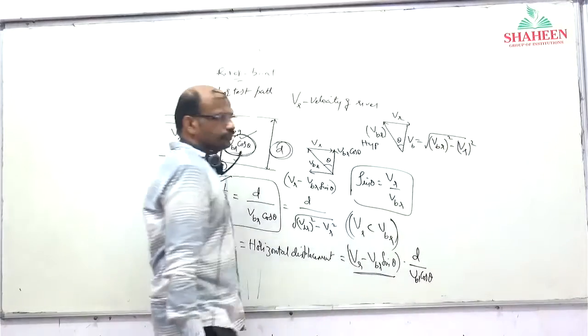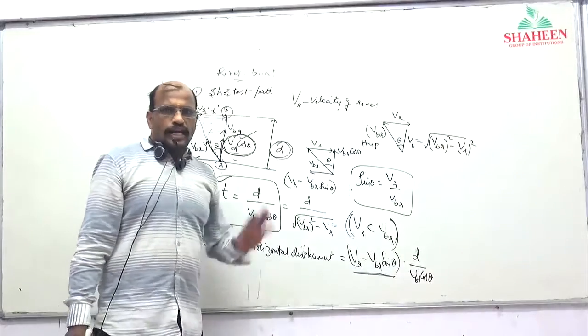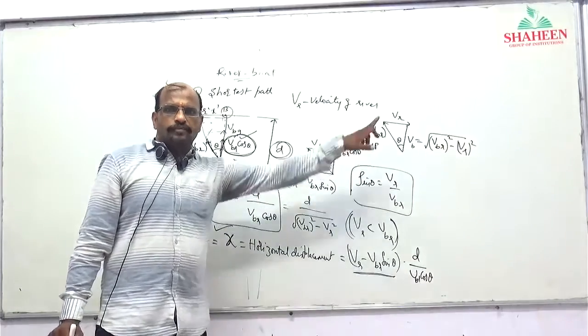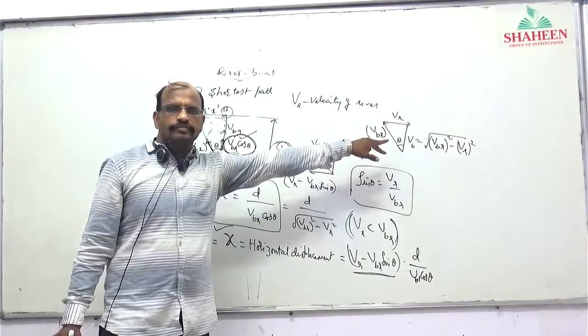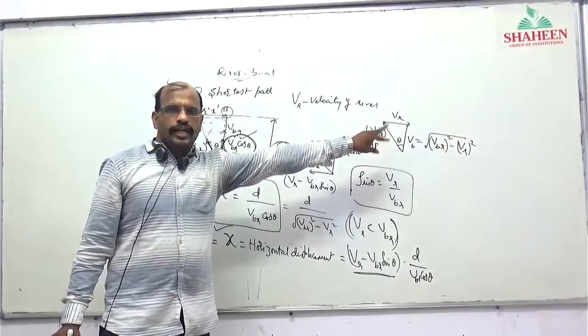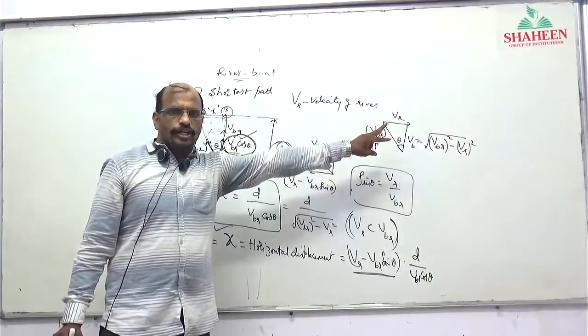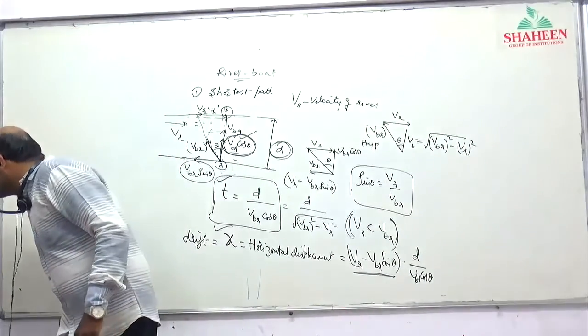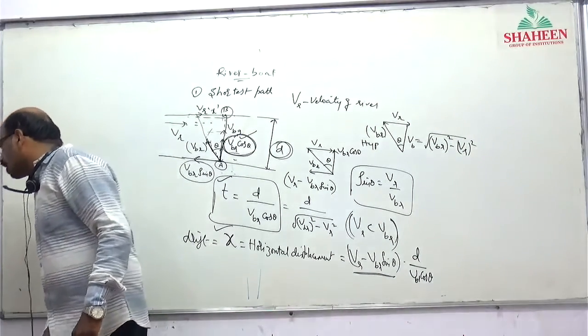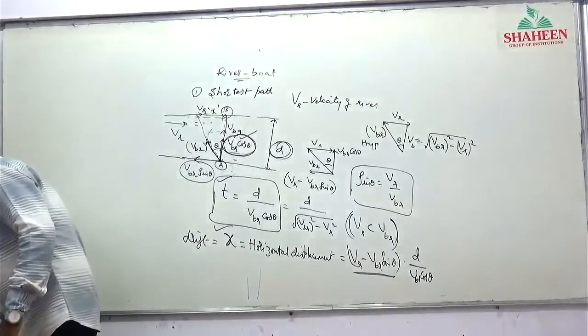Is it clear? If the angle is not given, in terms of VBR and VR, you can write VB. Is it clear? How we got the root? It's clear.